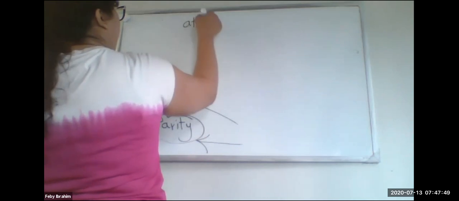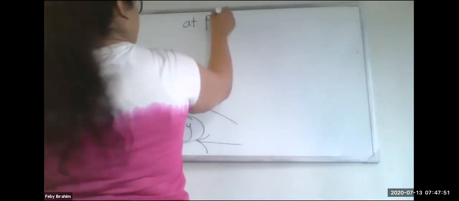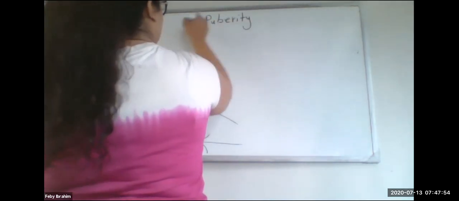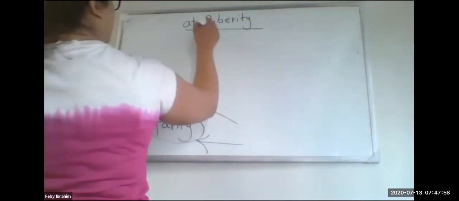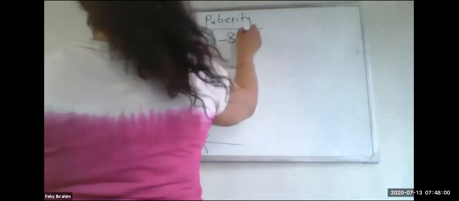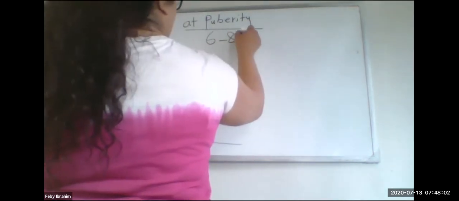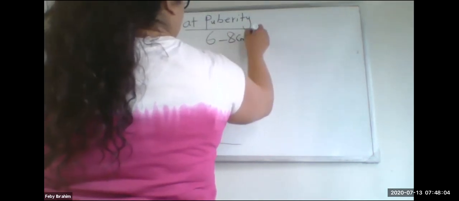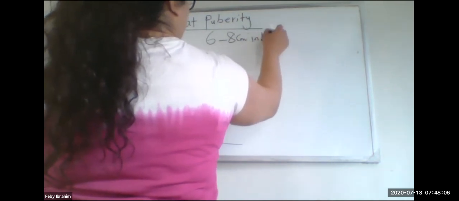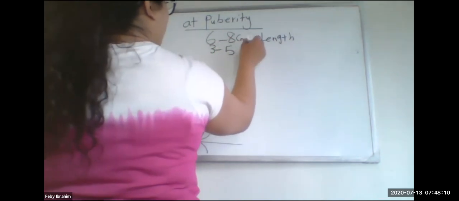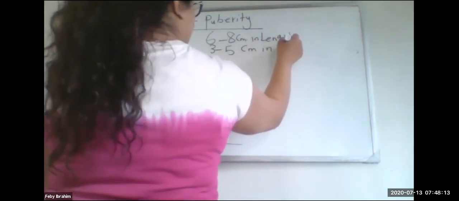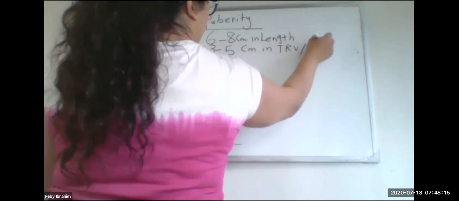At puberty, the measurement will be 6 to 8 cm in length, and 3 to 5 centimeter in transverse and anterior posterior.